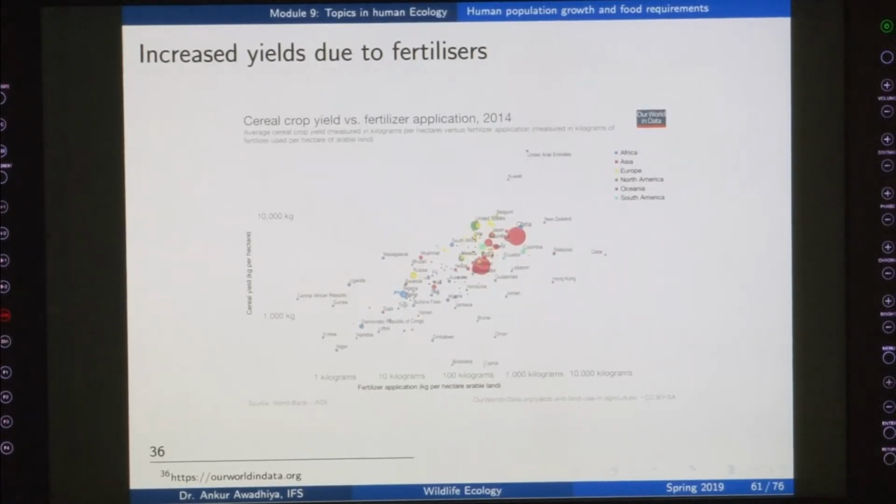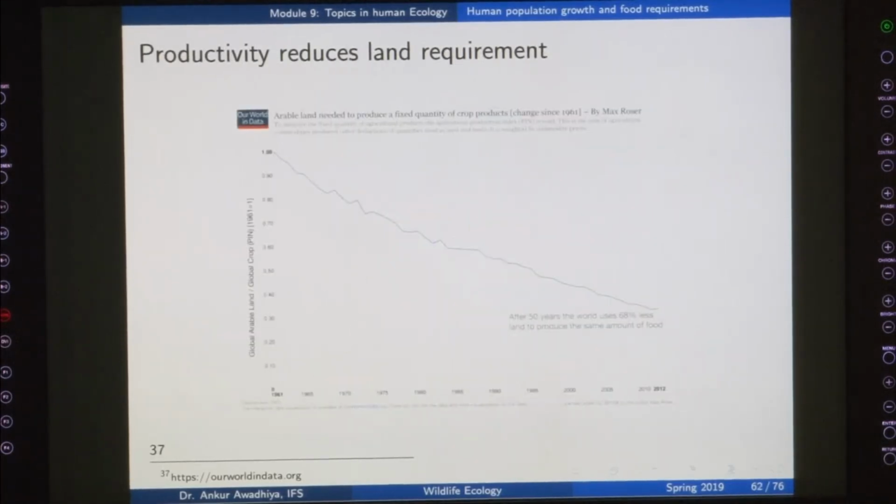So, with more amounts of fertilizer application, the yields have been increasing, and they have been increasing so much that now our requirement of land has practically saturated. We do not need much more land for producing more and more crops.